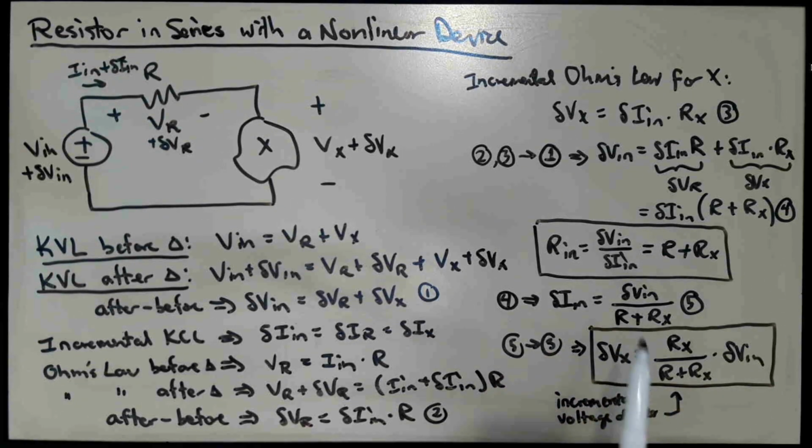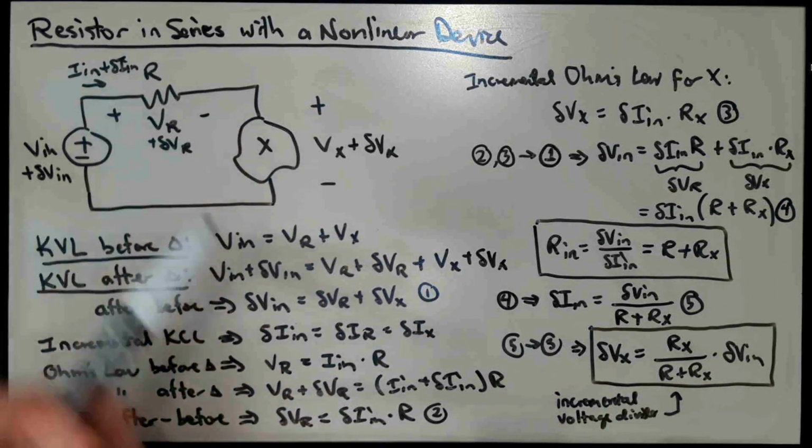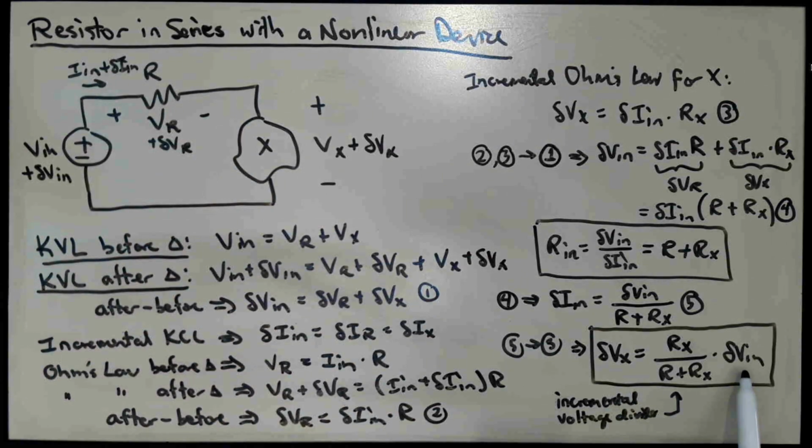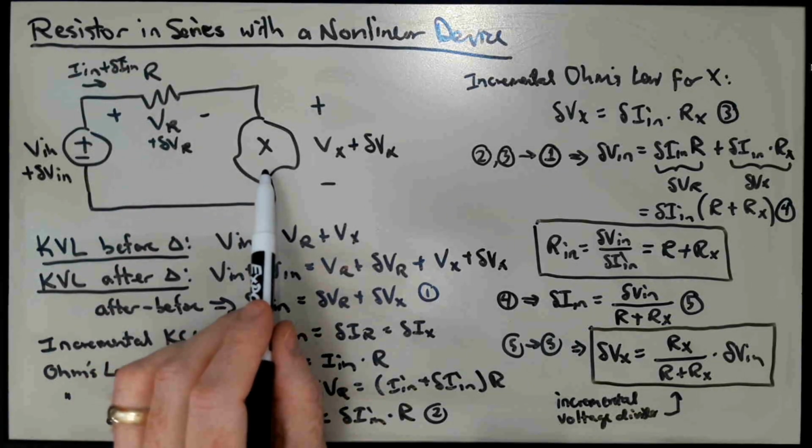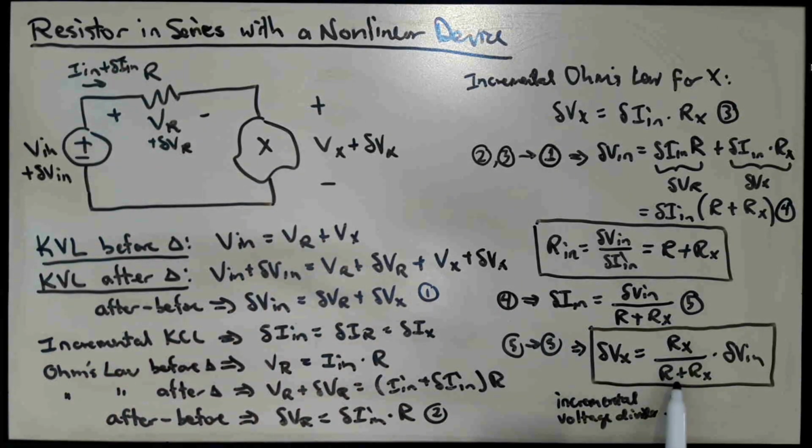So we have here the answer to our second question. Basically, the fraction of the input voltage change that is dropped across the second incremental resistor is just given by Rx over R plus Rx. And this is exactly the same form as our two-way resistive voltage divider.